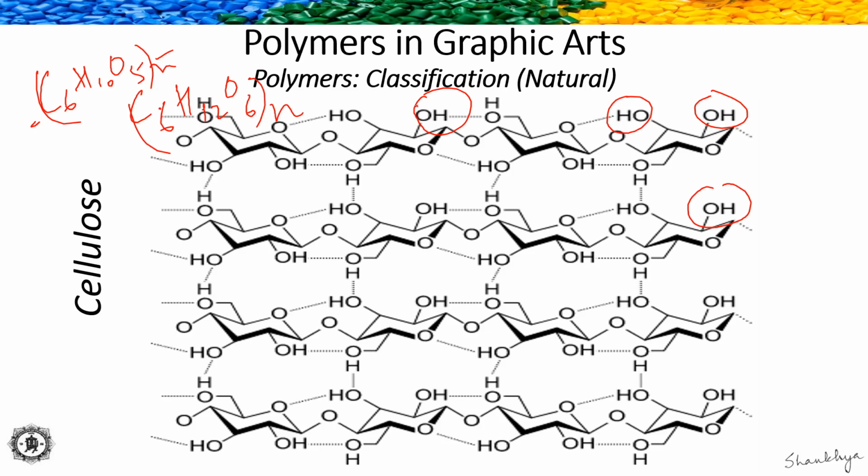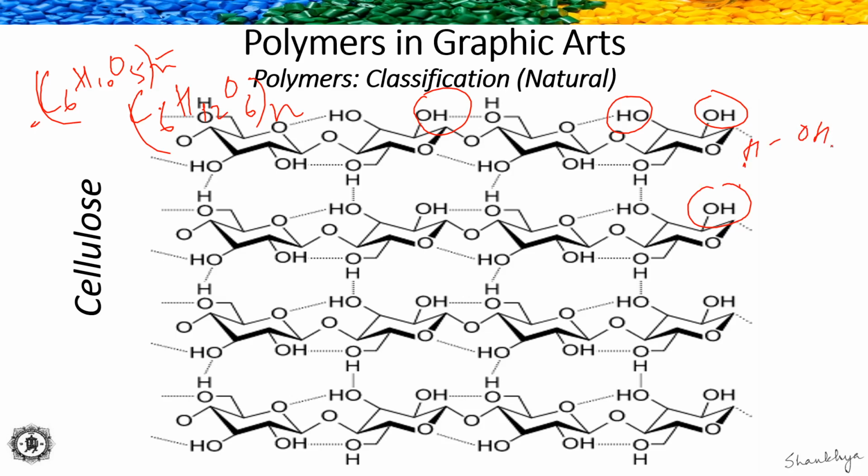Why? Because not all paper is the same, which is why I specifically talked about newspaper. So this cellulose fiber has a natural tendency to absorb water via these hydroxyl groups. Hydroxyl groups will form hydrogen bonds with water, right, and it will swell up, and it has poor dimensional stability.